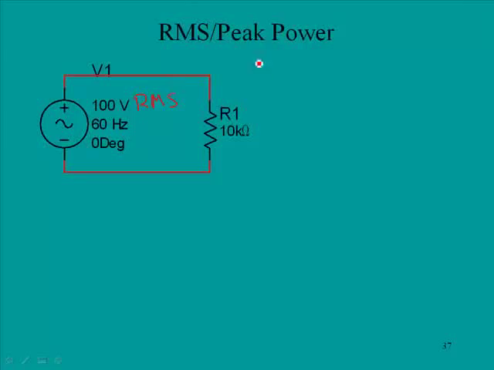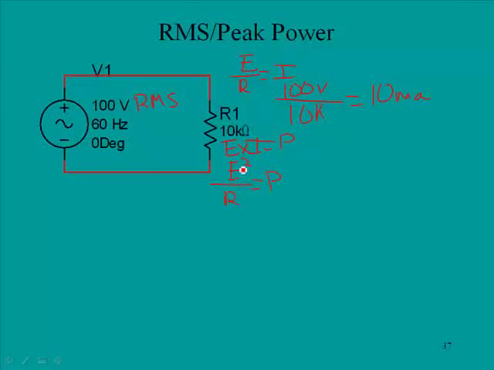So remember we said that E over R equals I. In this case we have 100 volts RMS divided by 10K, and if we solve for that we'd find that it equals 10 milliamps. And when we did power we said that voltage times current equals power, and we also said that voltage squared over R would also equal power.